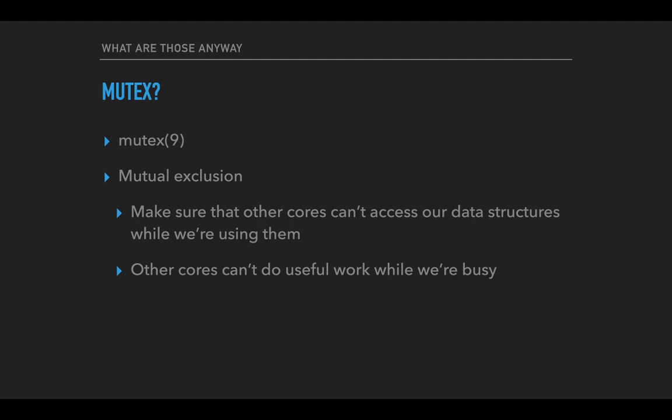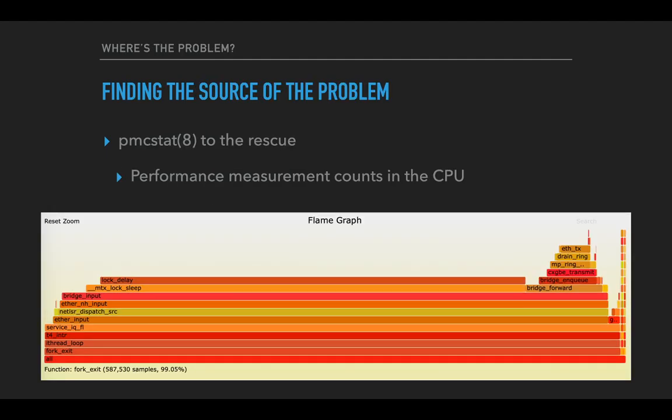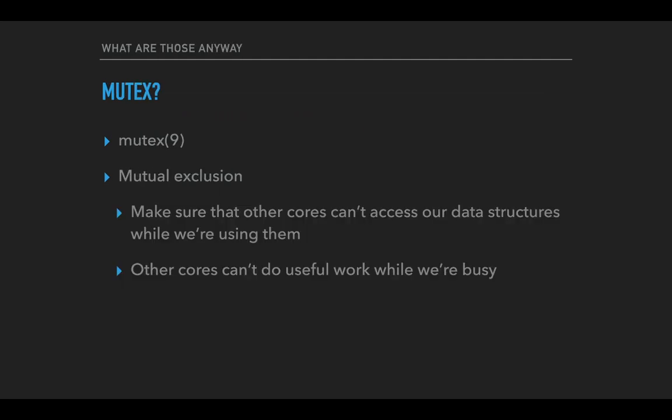And then core A gets a packet, and the first thing it does is it acquires the mutex, and then simultaneously core B gets a packet, and it wants to process this packet, and it tries to acquire the mutex, and it can't. It just has to sit there and wait. And that sitting there and waiting is this mutex lock sleep that we see. That's where a lot of our performance is lost.